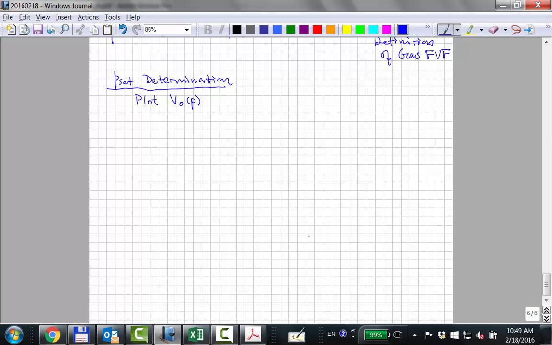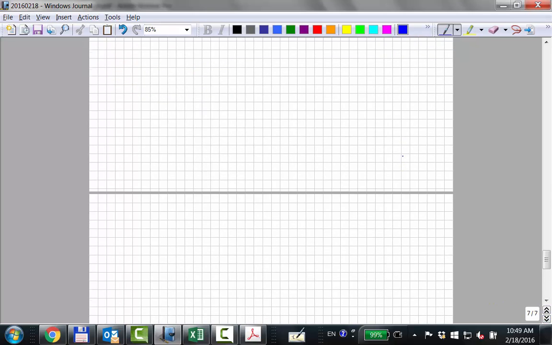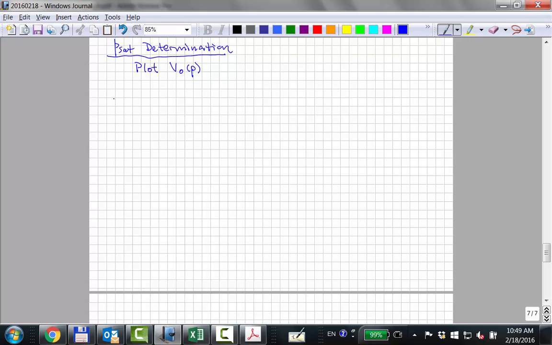And I'll sketch what it should look like for oils first. So for reservoir oil, it should look something like this. We start out here. We get this increase because it's a more volatile oil.